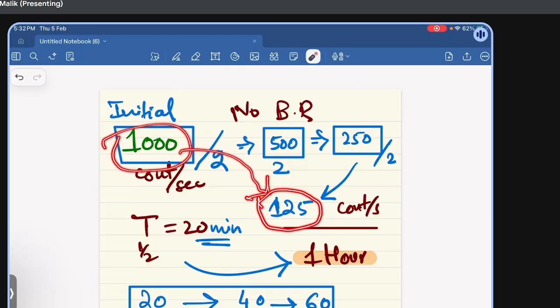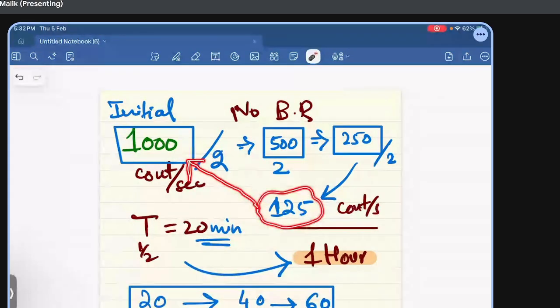Yeah, 875 atoms or counts are completely destroyed, vanished, decayed. Once you do half, half, half, whatever is left, you subtract from the total. This is how you will get how many atoms completely decayed.